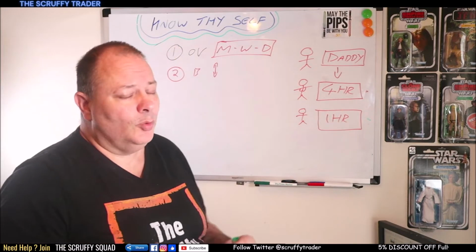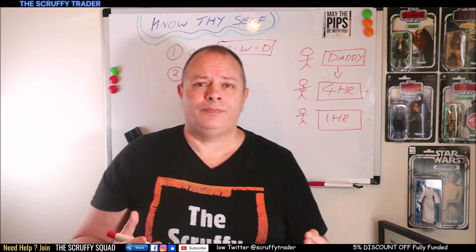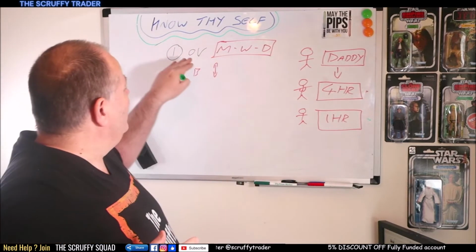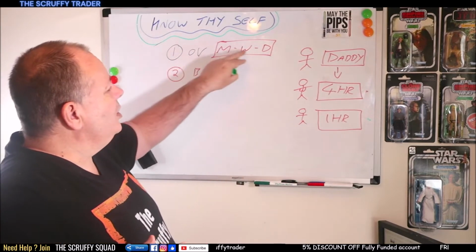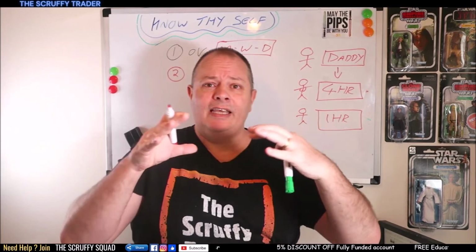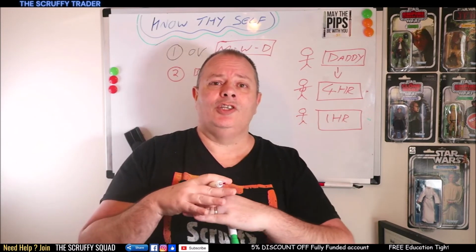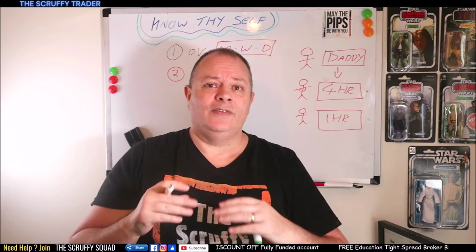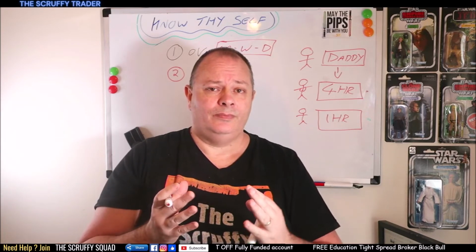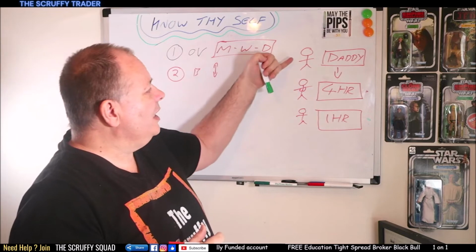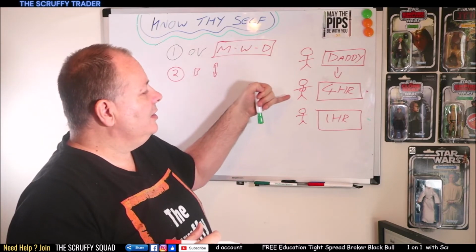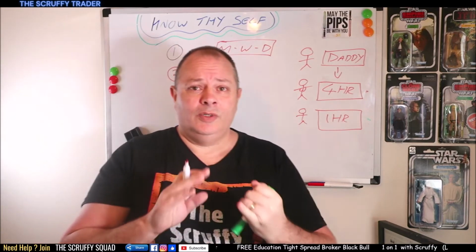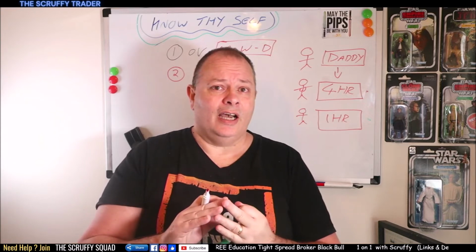So what are these three trying to achieve? Well, we started off with an overview up here, monthly, weekly, daily, to get a gauge of what's happening down on the day chart. So you're looking at one to the next to the next, to see if there's any correspondence. You're then zooming in from your daddy to your sister to your brother, which is your day chart, your 4 hour, and your hourly.